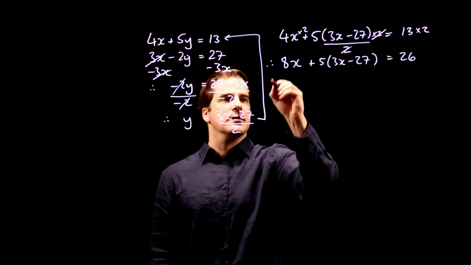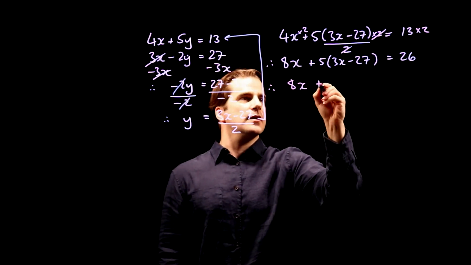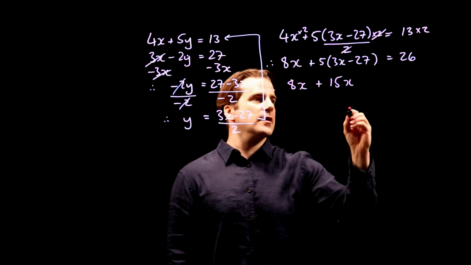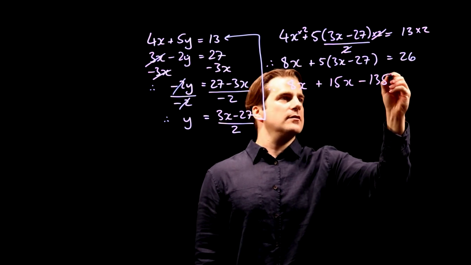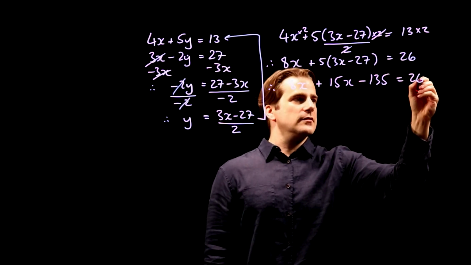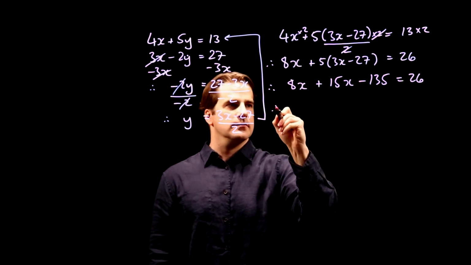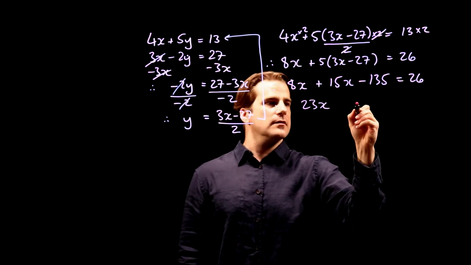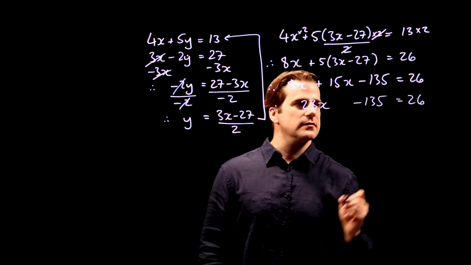So therefore, multiply out the bracket. 8x plus 5 times 3x is 15x. 5 times minus 27 is minus 135 equals 26. Okay, combine the x's. 8x plus 15x is 23x. Minus 135 is 26.